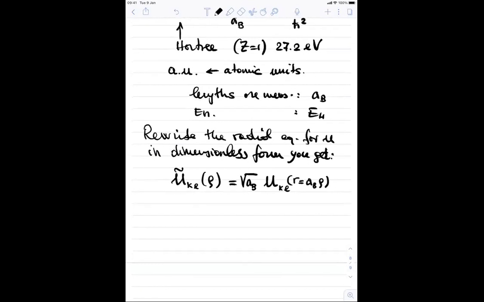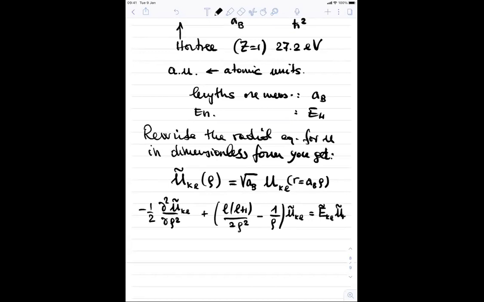The interesting thing is that you get minus 1/2 the second derivative of u tilde with respect to rho, this is the kinetic term. You see h bar has disappeared, the mass has disappeared, plus L times L plus 1 divided by twice rho square, minus 1 over rho, times u tilde of KL equal to E tilde KL times u tilde KL.